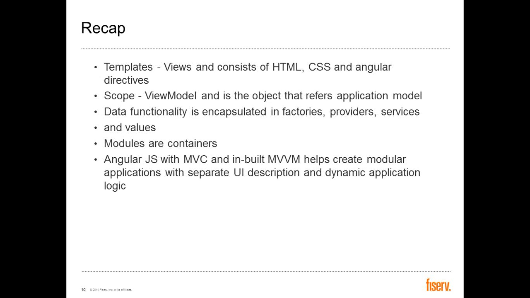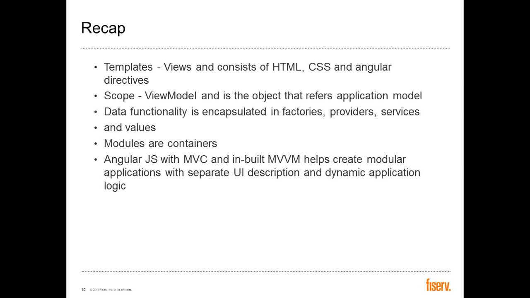Then you have the scope, wherein the view model role is played by the scope object, and it refers to the complete application model. It is responsible for two-way data binding, and it provides context for the expressions to get evaluated.